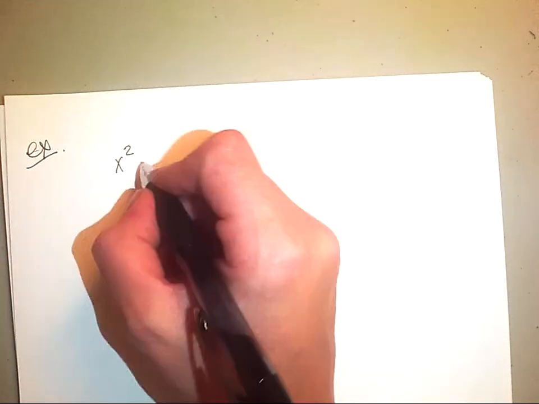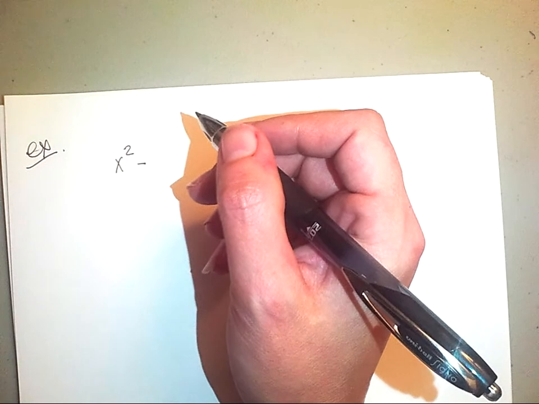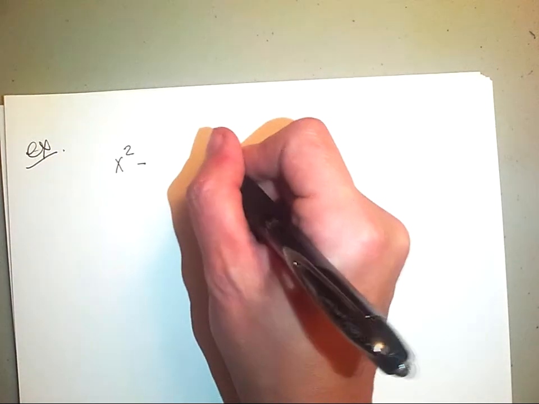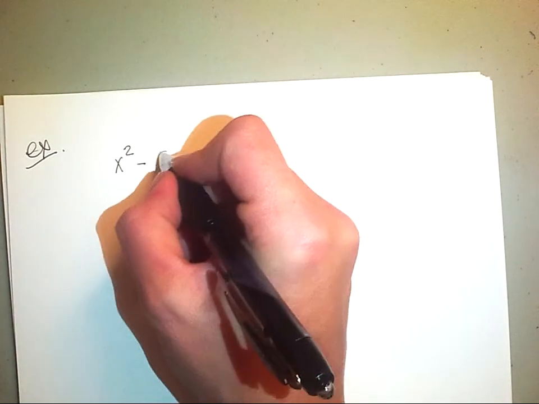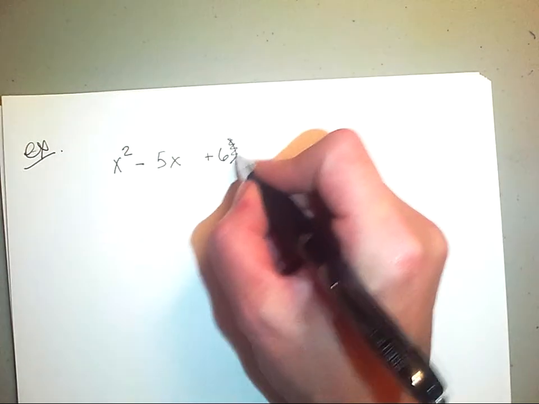So if we have x squared minus 5x plus 6, okay? And we're trying to set this equal to 0.